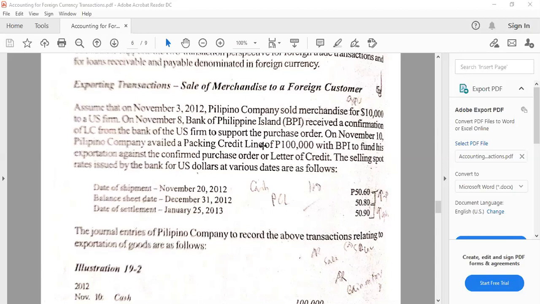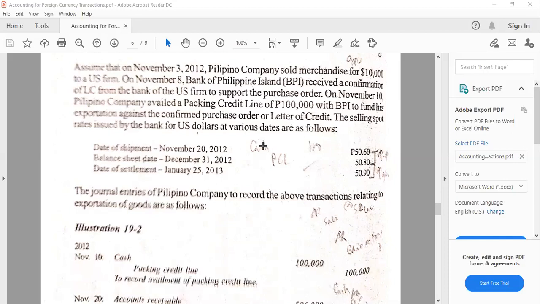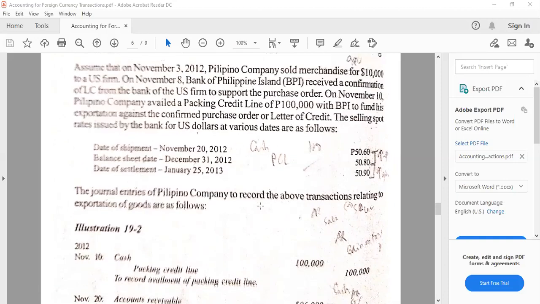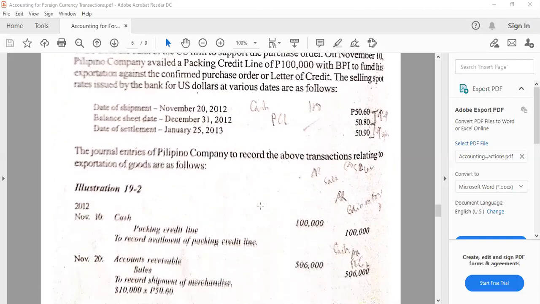Now, what if there's the opposite of marginal deposit of LC? There's really a packing credit line. So the LC is financed through the bank, but from the US firm who will be purchasing our products, and we received such in the representation of BPI, our authorized agency bank. So we received the cash, packing credit line at 100,000 pesos.